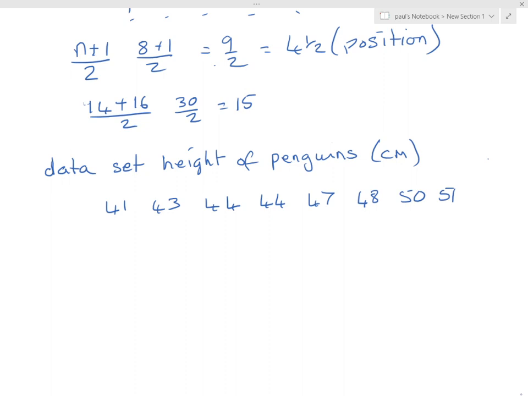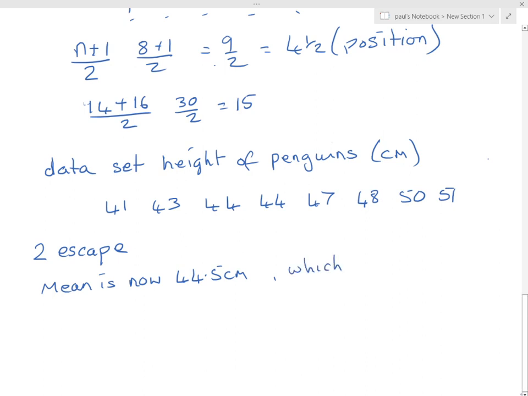Now, two penguins escape, and the mean is now 44.5 centimeters. So it's a nice mean, median, mode sort of question, but there's a bit of thought involved.